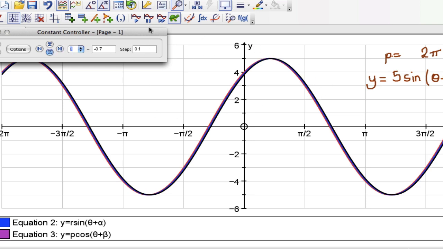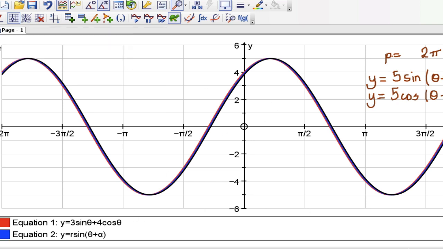It's not great, but it's close. So I have also now drawn the graph y is equal to 5 cos of theta minus 0.7. And that is virtually like my original graph, 3 sine theta plus 4 cos theta.